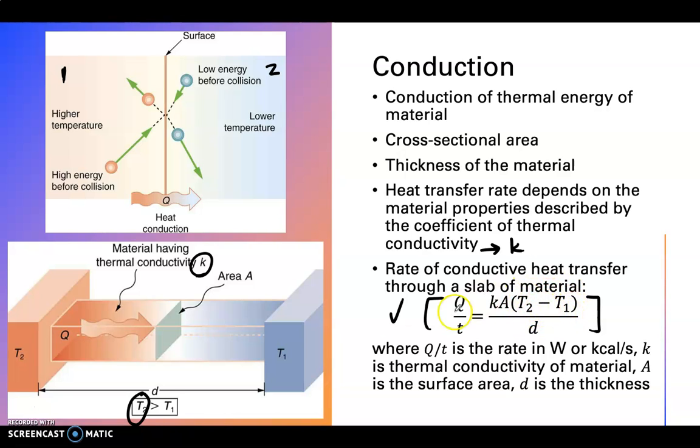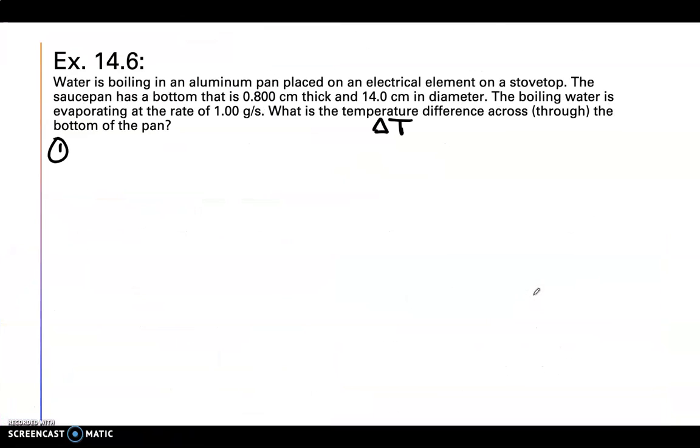We can rearrange this equation quite simply and find our delta T. Delta T equals Q over t times d over Ka. Okay, so this is our equation.